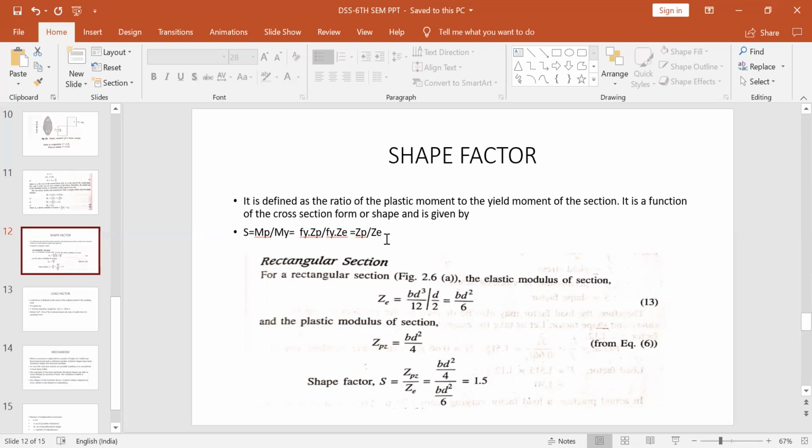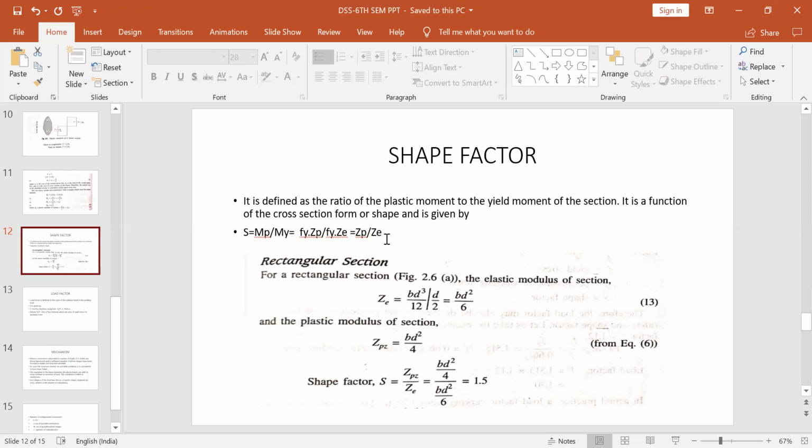In steel structure analysis, one question that is very generally asked is that you will be given an unsymmetrical I section, with all the dimensions of the top flange, bottom flange, web thickness and everything, and you will be asked to find the shape factor for this particular section.